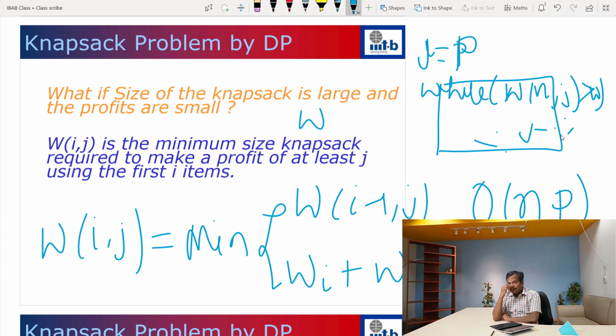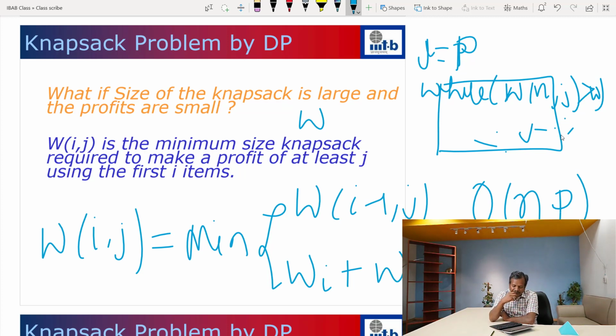If the minimum size of the knapsack that is required is greater than W, then we will decrease the value of J. The first time when W of n comma J is smaller than or equal to W, then if I am given a size of the knapsack which is W, I can make a profit of J, right?